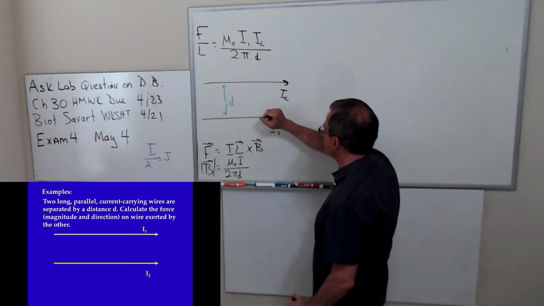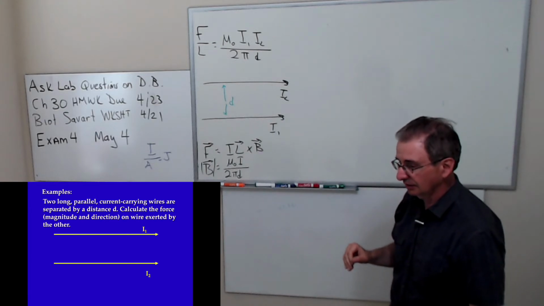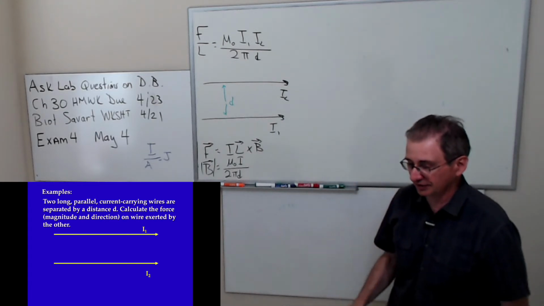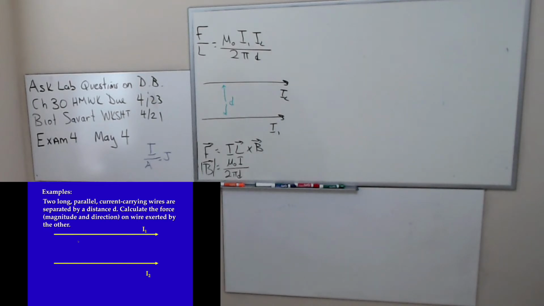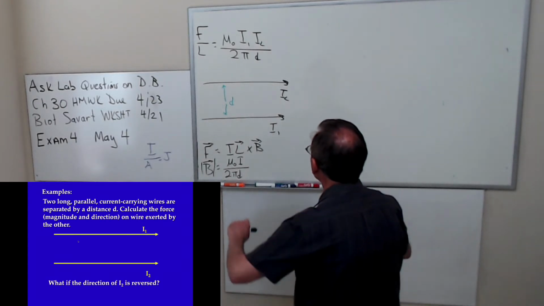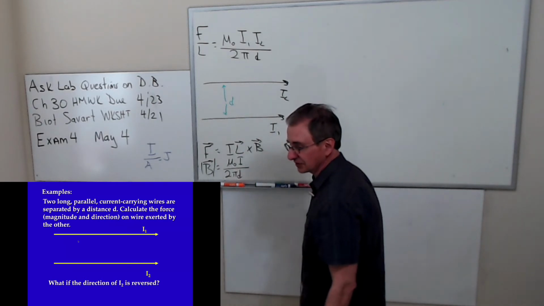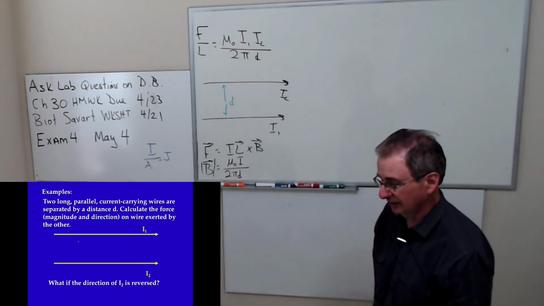And one of the things we discovered is if the currents are parallel, the two wires attract each other. If the current in one of the wires is reversed, guess what happens? Repels. They will repel.